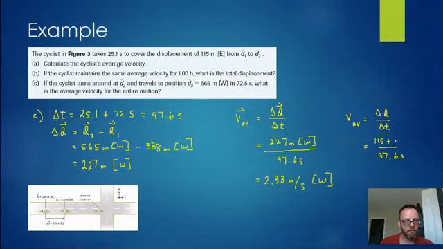Now from D2 to D3, just kind of improvising here, 565 minus 223. That's a distance of 342 meters. I'll add little m's here, meters and meters. So if we just do that, 342 plus 115, the total distance traveled is 457 meters divided by 97.6 seconds.